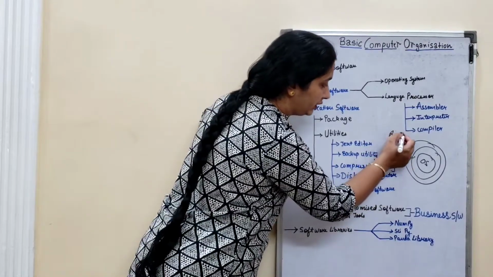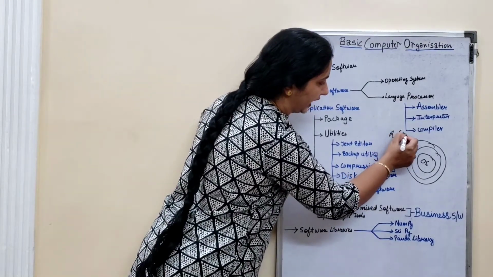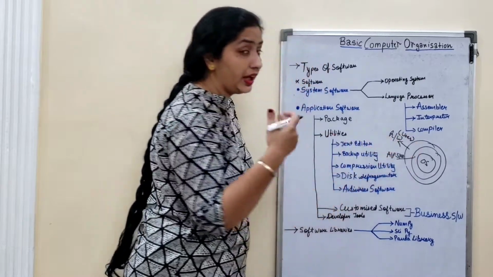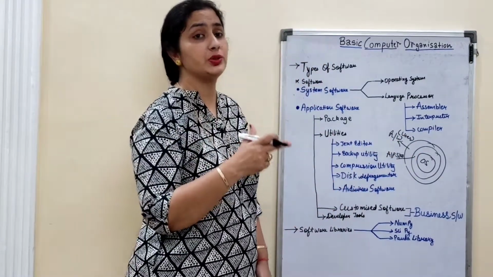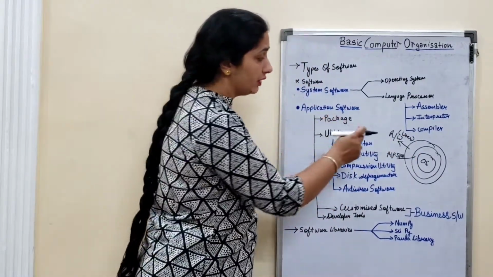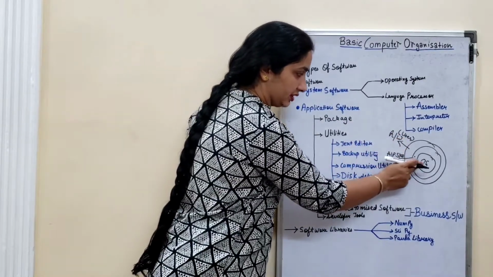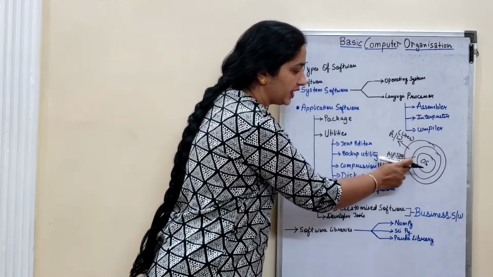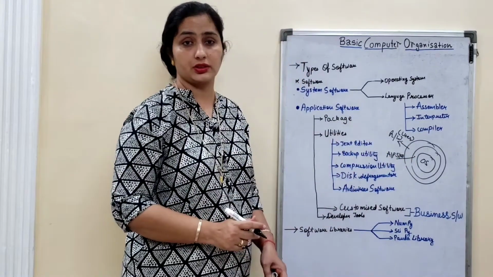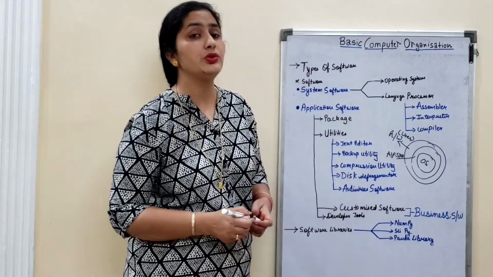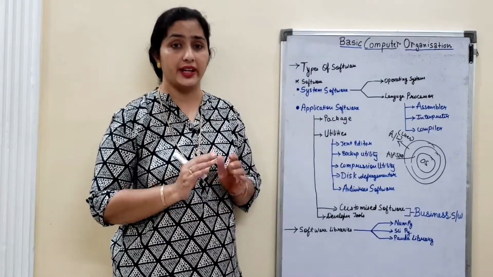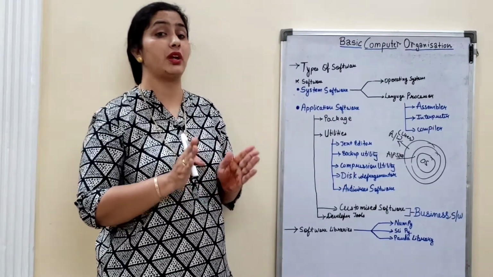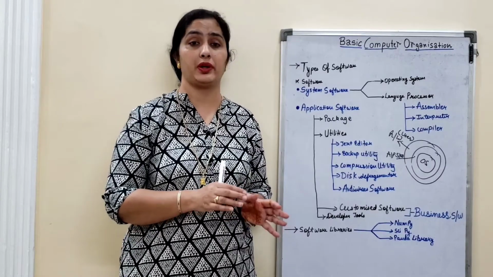Now when you are using hardware, at that time you are a user, because the user is using the hardware. This user wants to access the software, but how can you access it? With the help of application software. You cannot use your operating system directly. In the previous video I also explained the booting process.